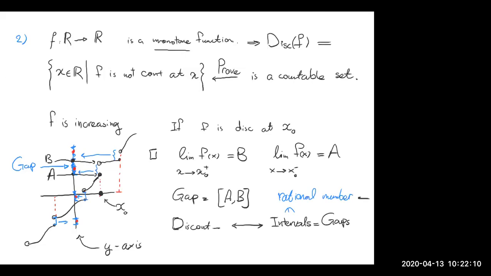So there have to be countably many of these intervals. Therefore, there are only countably many discontinuous points. Therefore, the set of discontinuous points of f is countable. It's not possible to have uncountably many discontinuous points. Is it clear? Is there any question here?